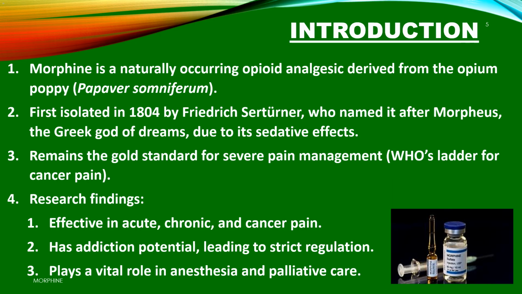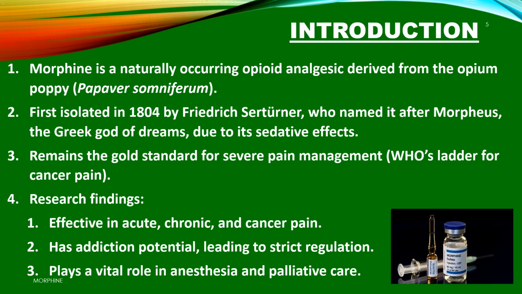Introduction. 1. Natural origin. Morphine is derived from the opium poppy, Papaver somniferum, a plant that has been used for centuries for its medicinal properties. 2. Historical significance. Morphine was first isolated in 1804 by Friedrich Serturner, who named it after Morpheus, the Greek god of dreams, due to its sedative effects, highlighting its long history of use in medicine. 3.